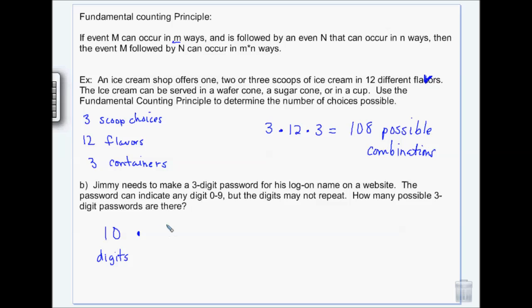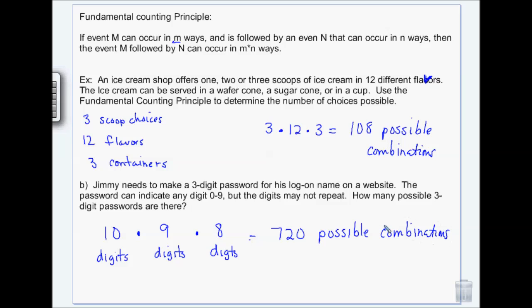I have 9 digits. And then if I can't choose again, I've taken one more away, 8 digits. So if I have a 3-digit code that I can't repeat, there are 720 possible combinations.